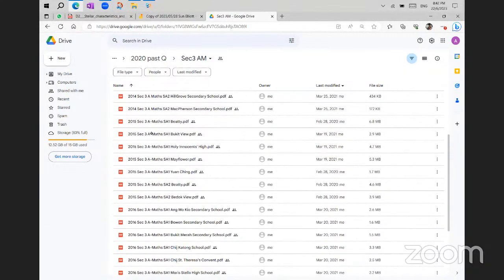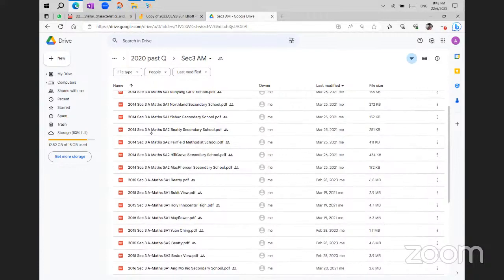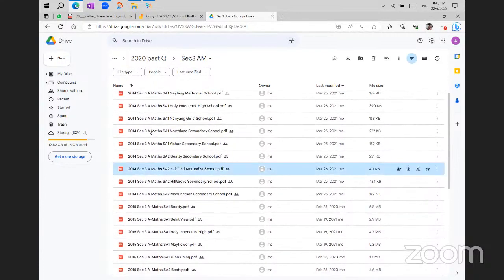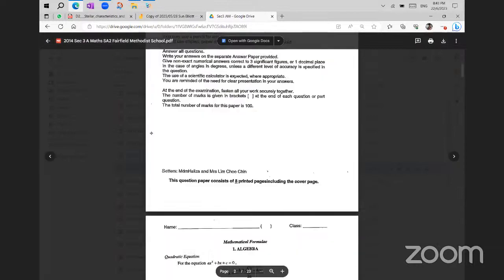CG should be an SA2. Tell me which paper are you looking at? Fairfield Methodist, the 2014 SA2 Fairfield. Okay, let me confirm that this is not what I used just now.